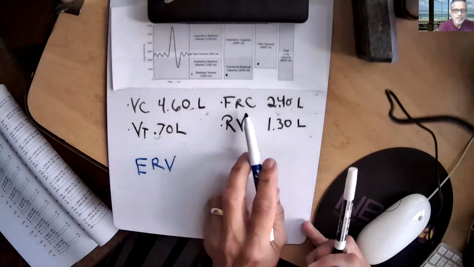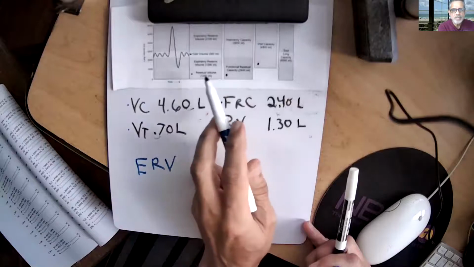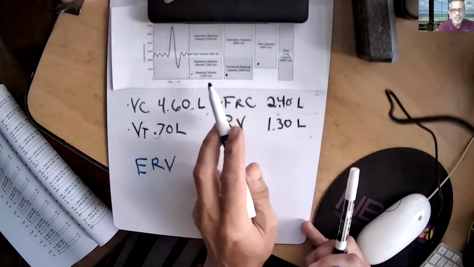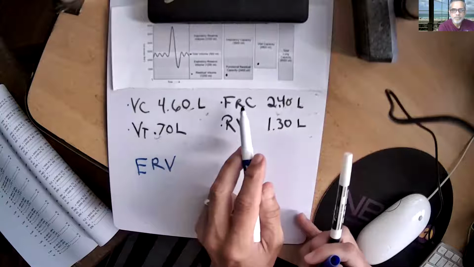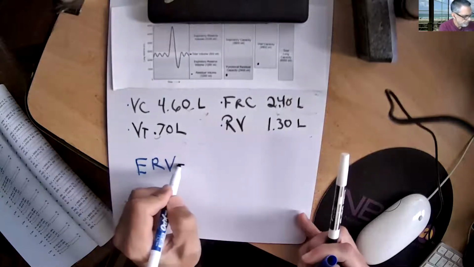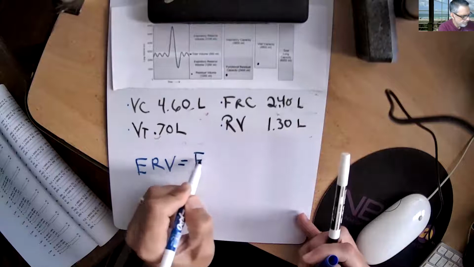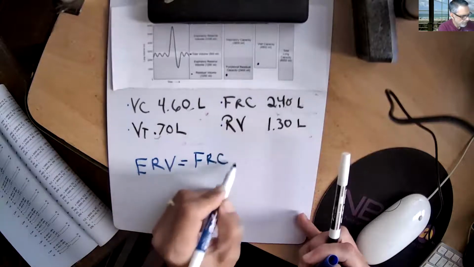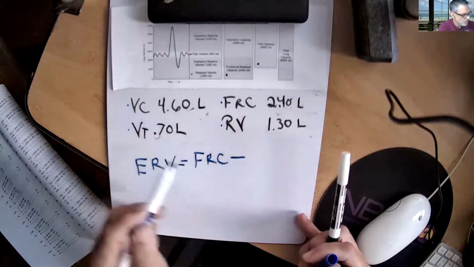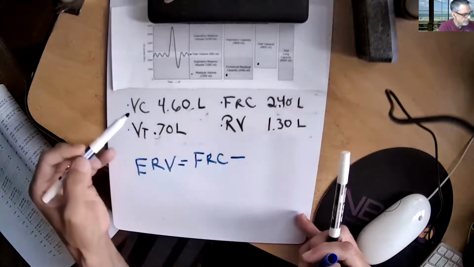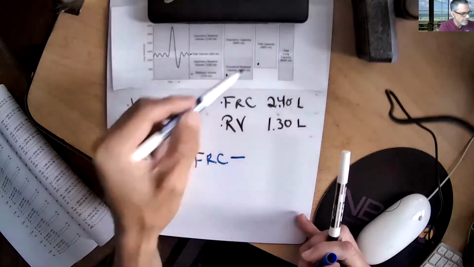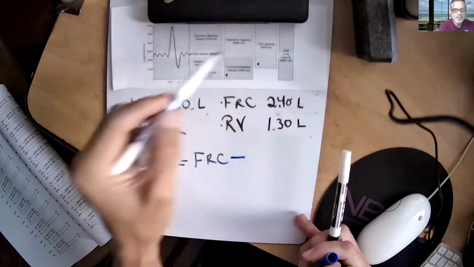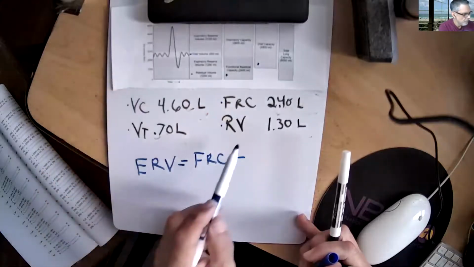Now let me look at FRC. Here's FRC, and it's a combination of expiratory reserve volume and residual volume. Oh, okay. So maybe if I took functional residual capacity and subtracted something. You can't subtract from them equally because they're different parts of the total lung capacity.